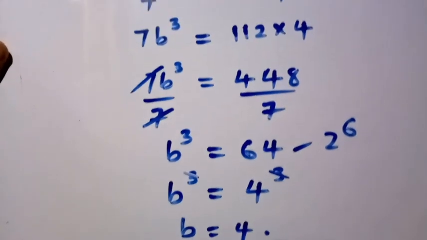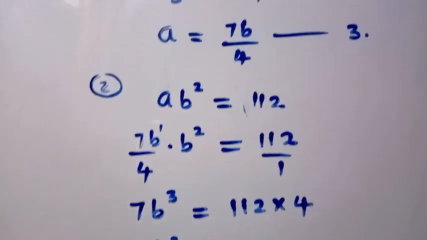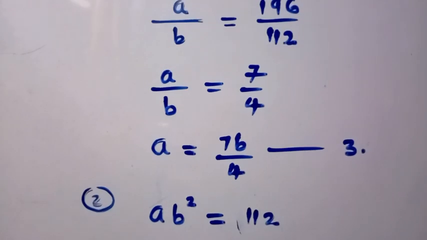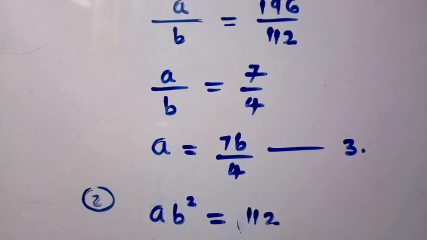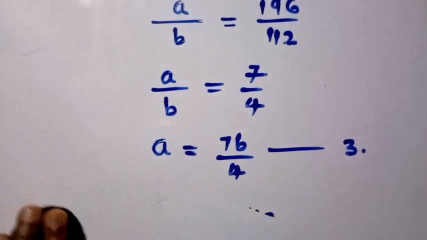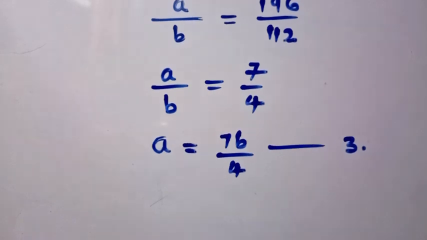Then when we recall from our equation 3 here, we have a equals 7b divided by 4. So for 7b over 4, we have to substitute the value of b, which is 4, into this.